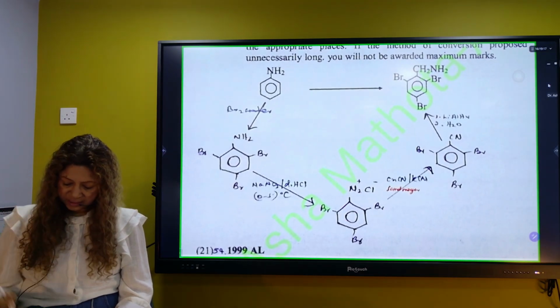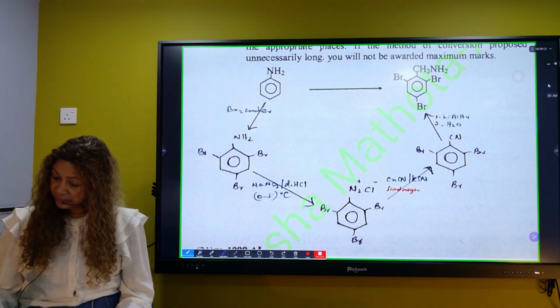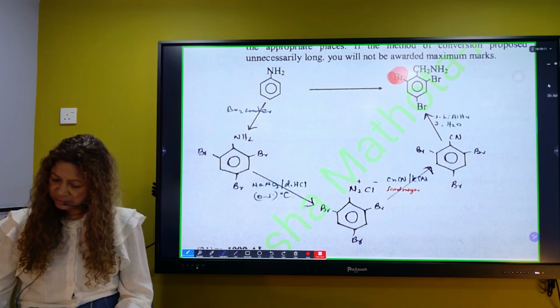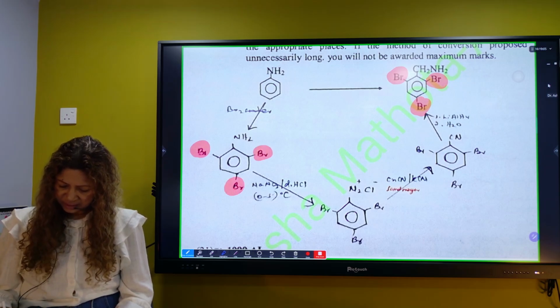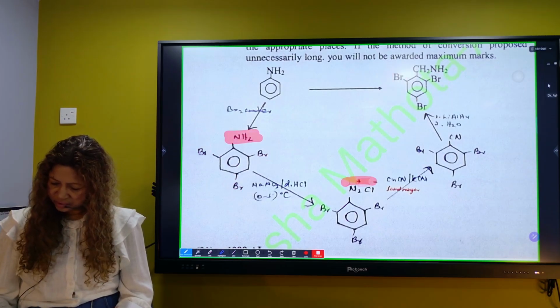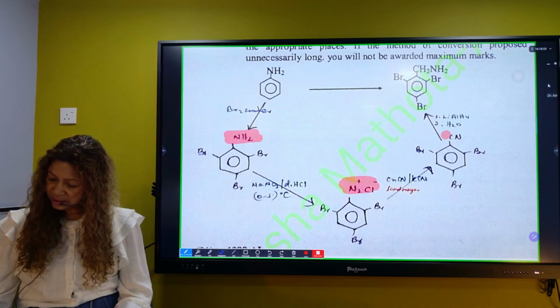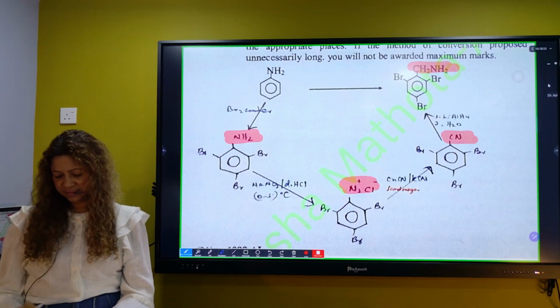Okay, this is clear, I guess. Okay, 3-bromo, you can go with phenol or aniline. So aniline given, so you can get 3-bromo very easily. And then NH2 to diazonium N2Cl, CN, CH2NH2. How easy.